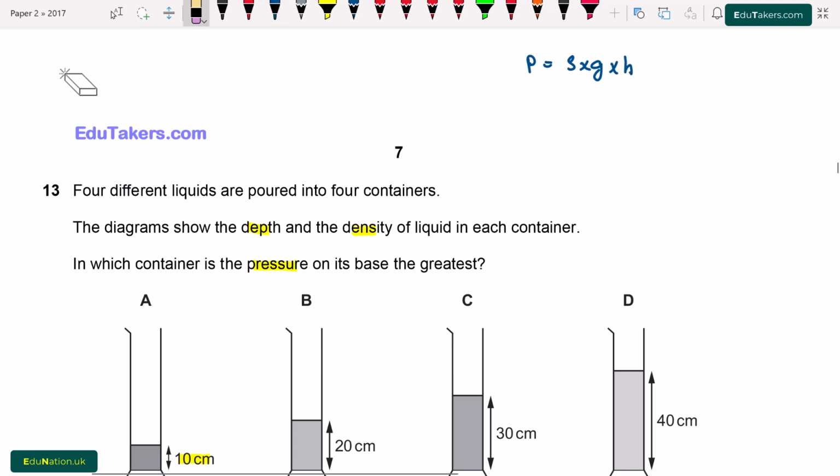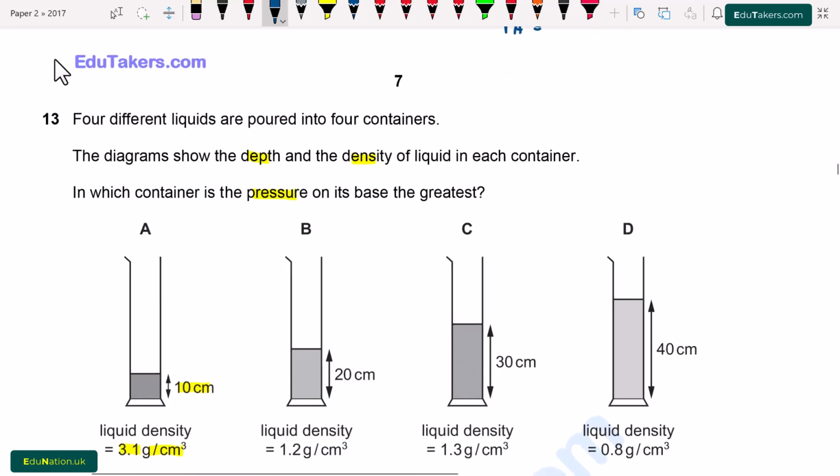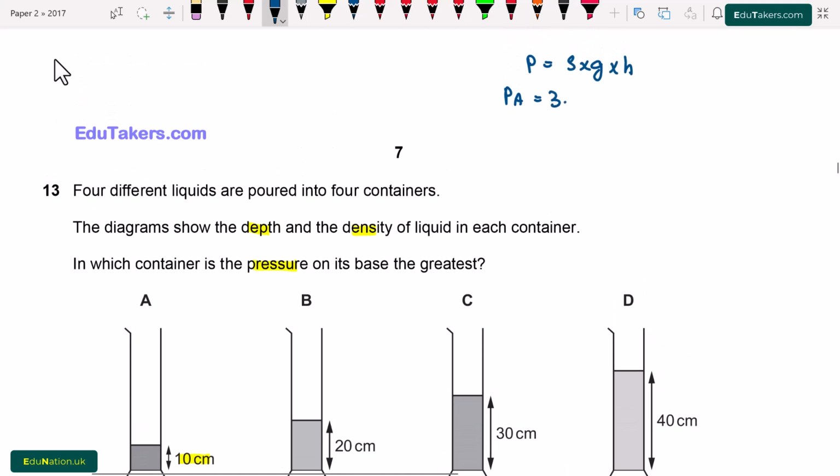First of all, I find out the pressure for the container A. So I write here PA is equal to density is given, which is 3.1 multiplied by G multiplied by depth, which is given 10 centimeter. So pressure will be equal to 31 Pascal multiplied by G.